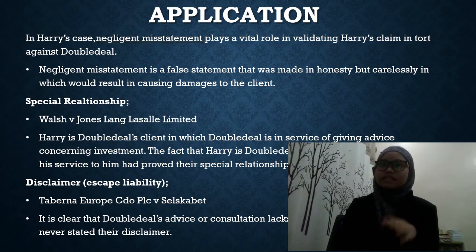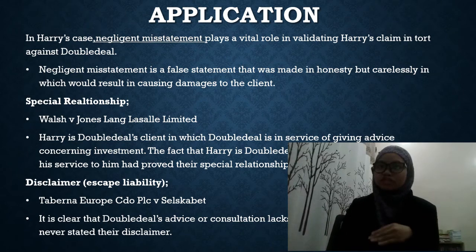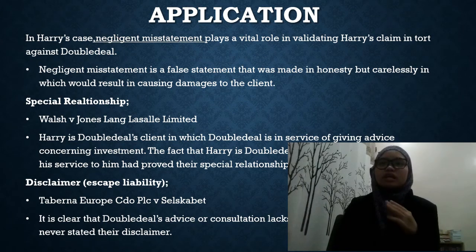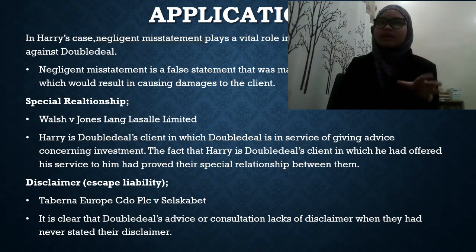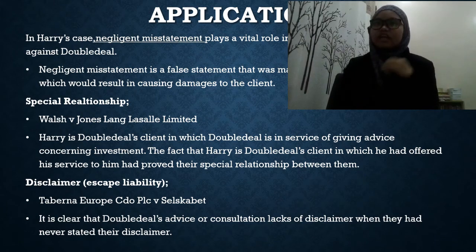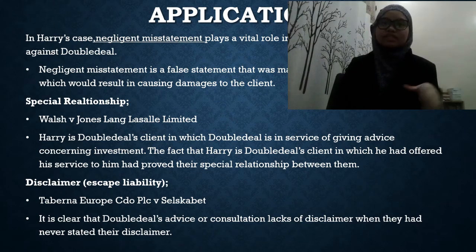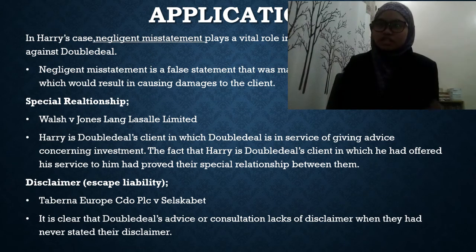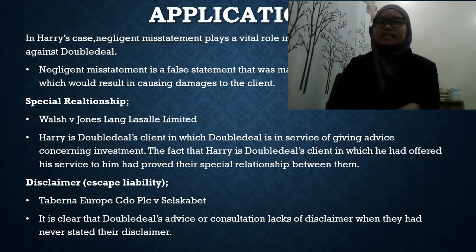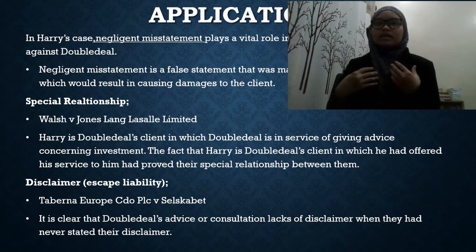This can be seen in the case of Walsh and Jones, where the special relationship is established due to the fact that Walsh is John's client. Now, in this case, Harry is Doubledeal's client, in which Doubledeal offers a service to give consultation to Harry regarding his financial management.